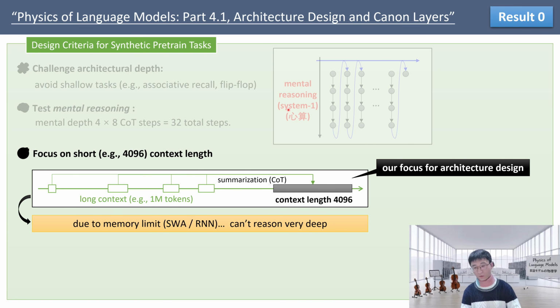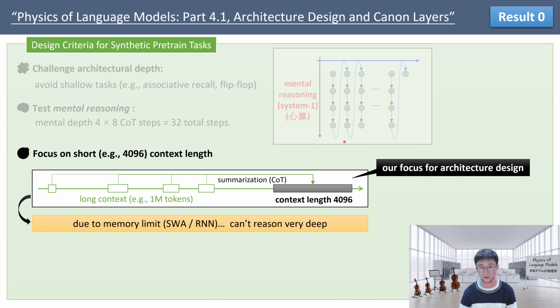So I want to explicitly avoid studying a model's capability on both long context and deep reasoning, because that's almost impossible in all the cases. Very often due to some memory limit, if you're using, say, sliding window attention or RNN, then you can't imagine the model doing a very deep reasoning task on a super long context. That's in general just impossible. What in the end matters is, once you retrieve the information to a local context, can I do deep reasoning in this area?